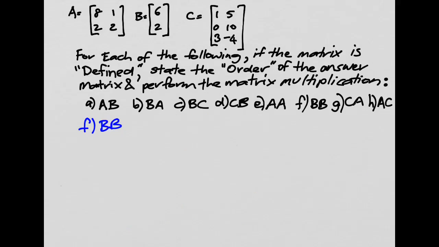That's your answer. Okay, now looking at item F, which is B times B, we've got a 2 by 1 and a 2 by 1. So because these are not equal, it's not defined. Can't be done.